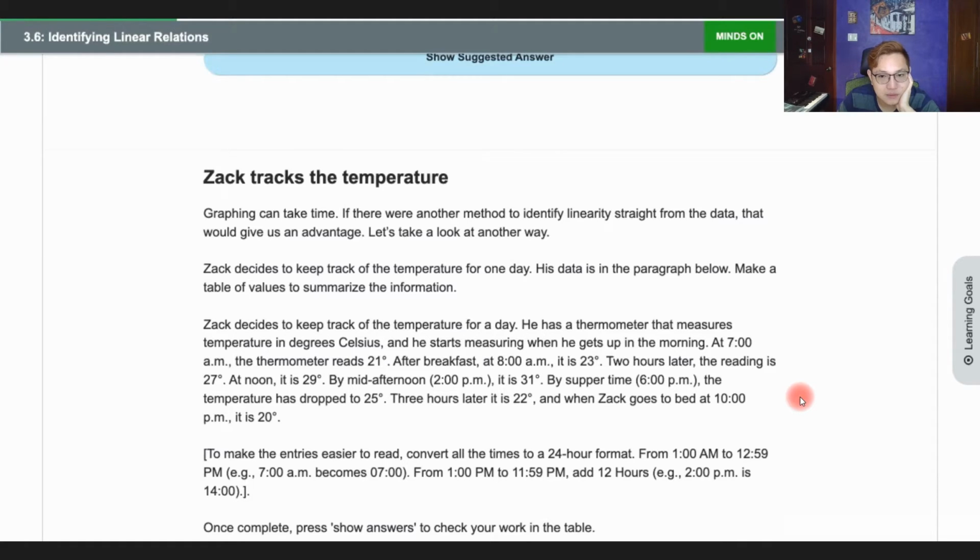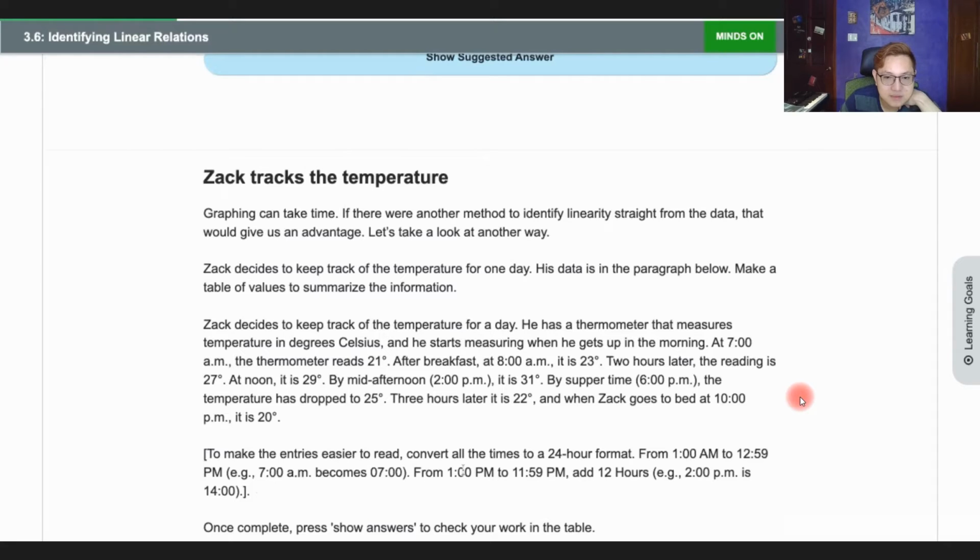To make the entries easier to read, convert all the times to the 24-hour format. From 1 a.m. to 12:59 p.m., the time stays the same, so 7 a.m. becomes 7.